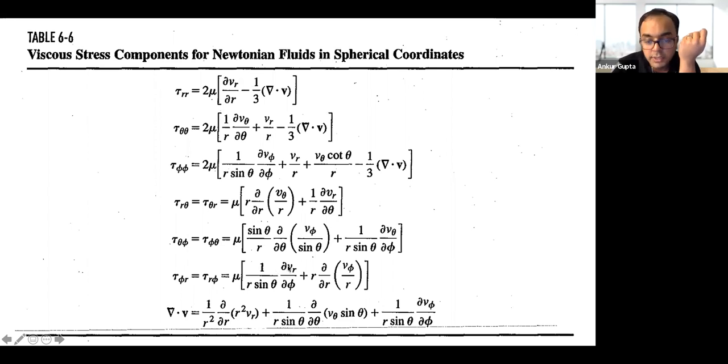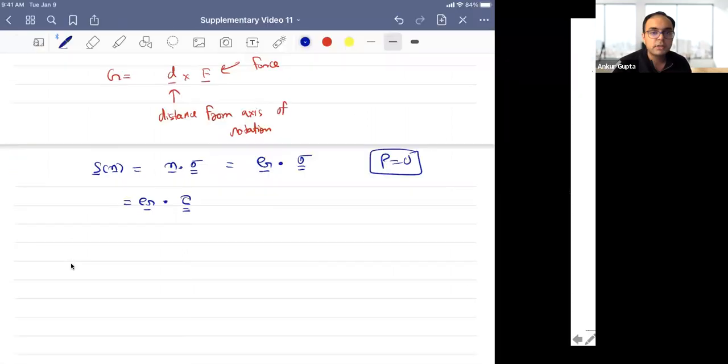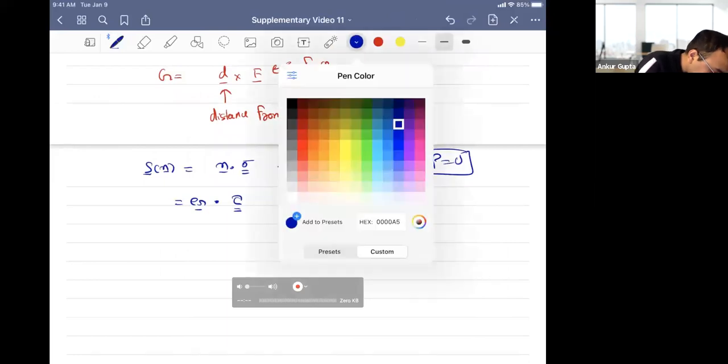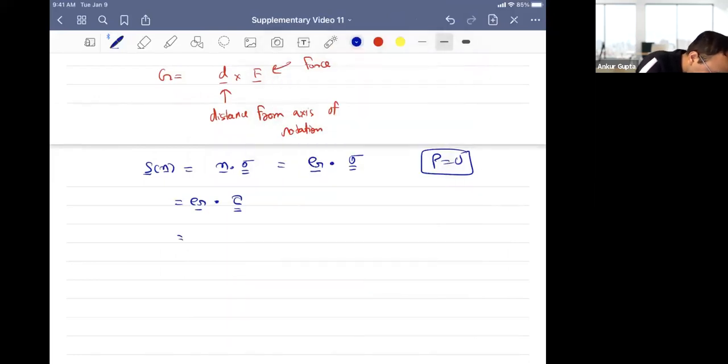The only term we are left with is this term, v phi by r. v phi is f of r sine theta, which is definitely a function of r, so this is the only term which matters. Again, you can go through this slowly and convince yourself that the only non-zero term is tau r phi. Okay, I'll go back and say what's basically going on here. You can verify that this will become tau r phi e r e phi.